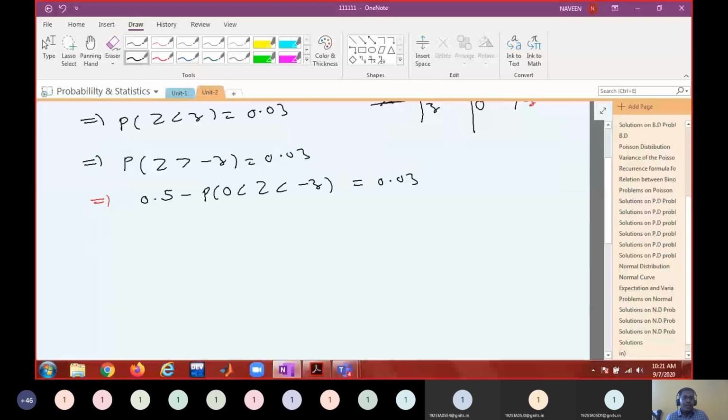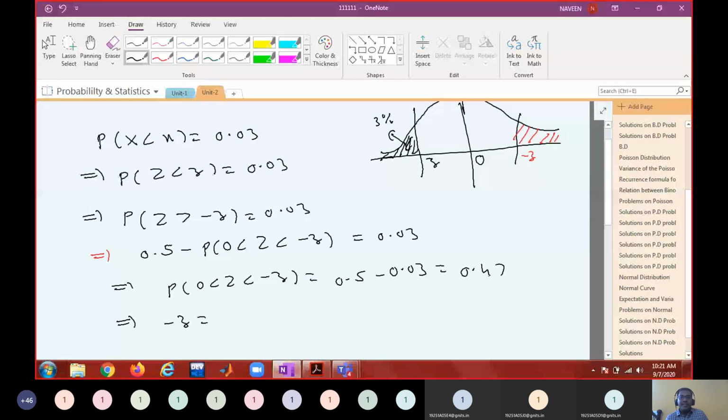Is it okay? So the probability that 0 less than Z less than minus z is equal to 0.5 minus 0.03. How much? 0.47. This implies that minus z equals the value having the area 0.47.